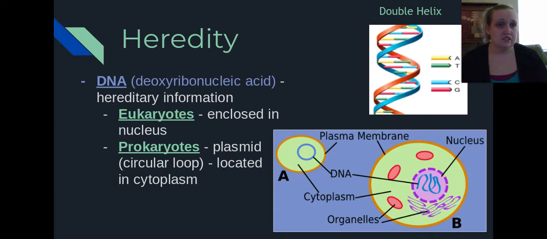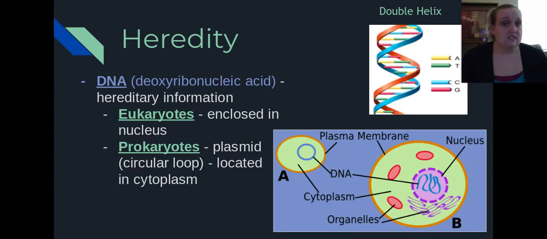DNA is the structure that is found in most living things. Some have RNA, but DNA is the molecule in your body that has all of your hereditary information. DNA is important because it gives your body instructions to determine what you look like, determine how to metabolize food, and all of these different things.